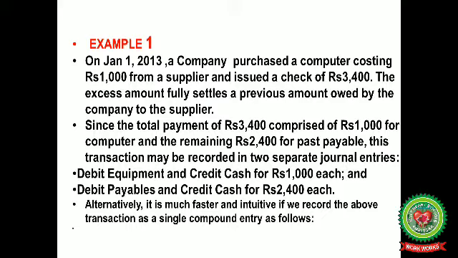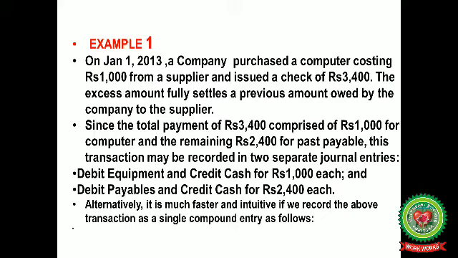Since the total payment of 3400 comprised rupees 1000 for the computer and the remaining 2400 for past payables, this transaction may be recorded in two separate journal entries: debit equipment and credit cash for 1000 each, debit payables and credit cash for 2400 each.